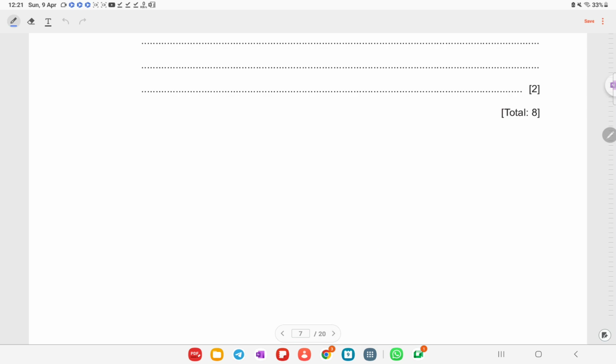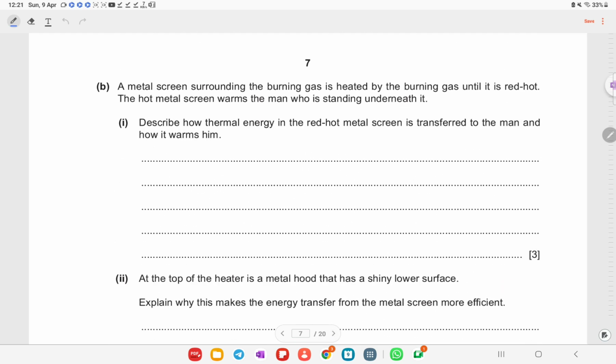Okay, now a metal screen surrounding the burning gas is heated by the burning gas until it is red hot. The hot metal screen warms the man who is standing underneath it. Describe how thermal energy in the red hot metal screen is transferred to the man and how it warms. So basically, what is happening over here, this carries 3 marks.